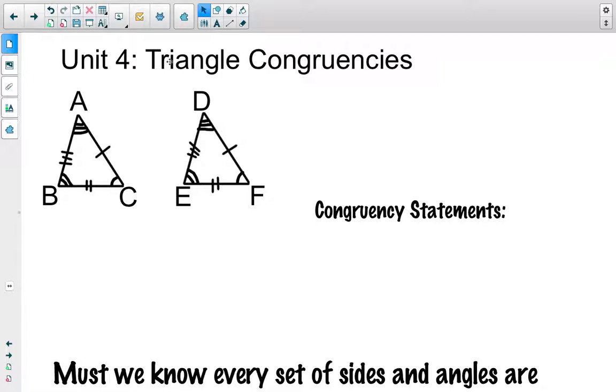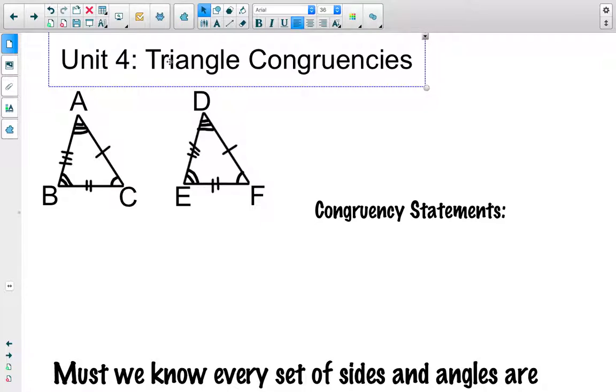As we started studying this unit on triangles, the focus has been: how do we know if the triangles are congruent or not? And so I want to start with just the basic congruency statement.